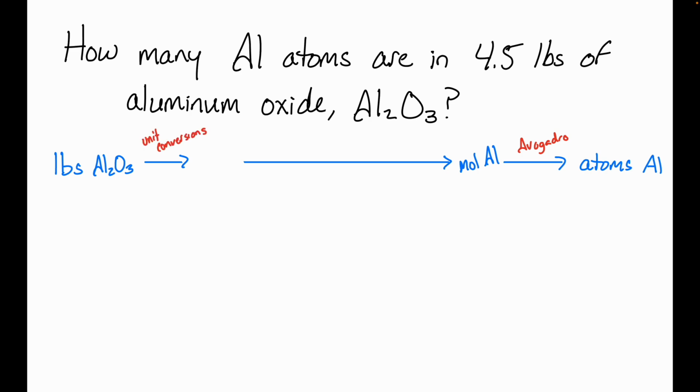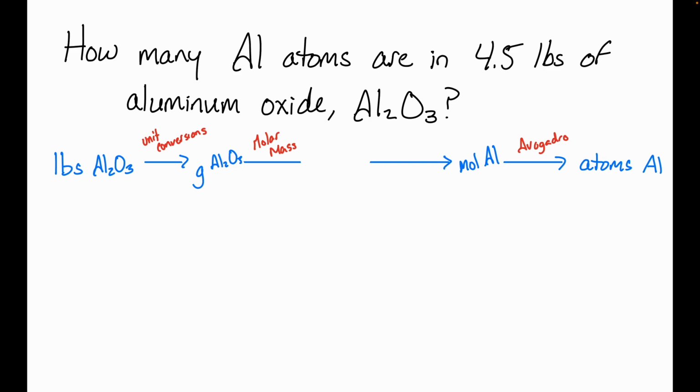Doesn't matter what we're talking about, we can get from pounds to grams. In this case, though, it would be aluminum oxide. And now I see grams and moles in the same problem here. So what am I automatically thinking? Molar mass. All right, but importantly, if I have grams of aluminum oxide, I'm going to need to use the molar mass of aluminum oxide.